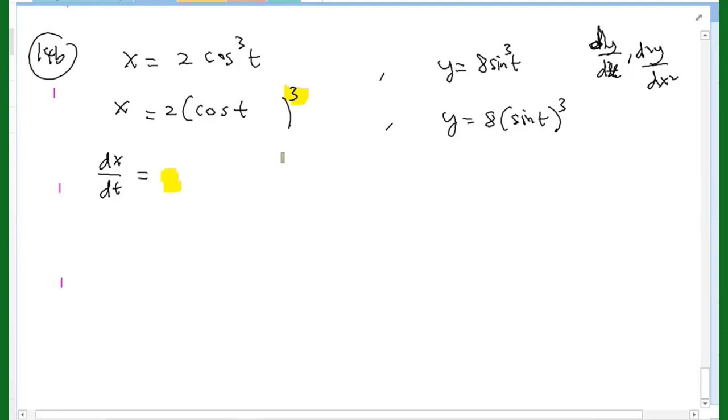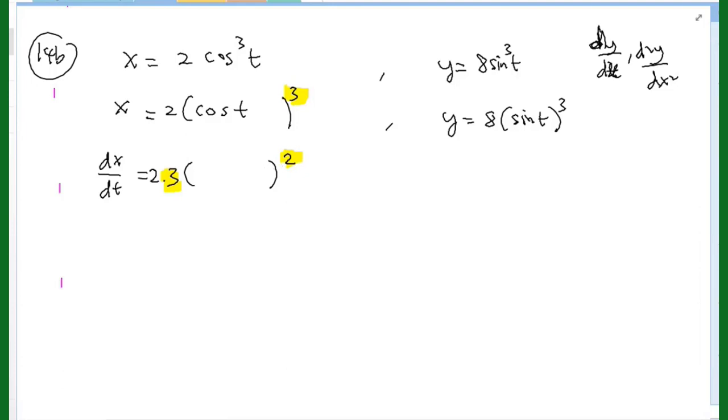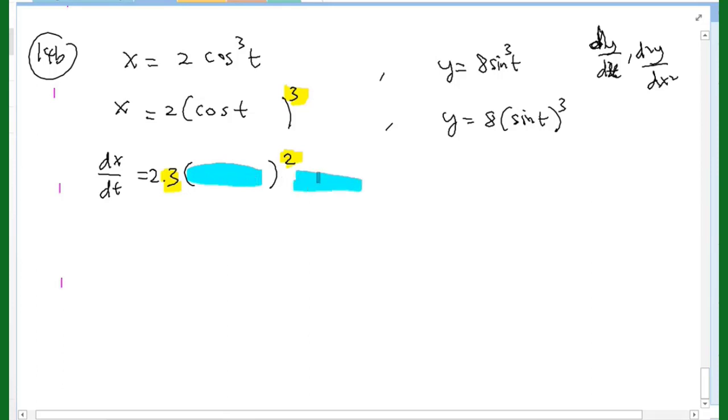Okay, differentiate and then power is reduced by 1. So the constant 2, power 3, and then squared, power reduced by 1, and the inside cos t, just copy, then differentiate.